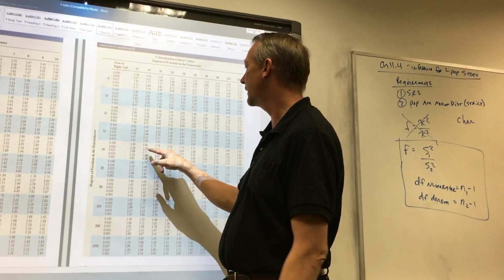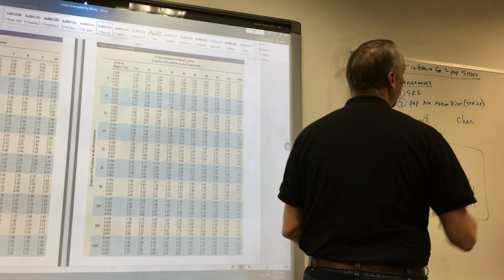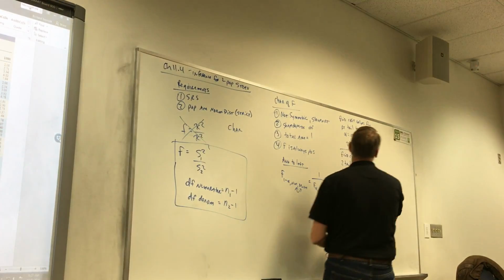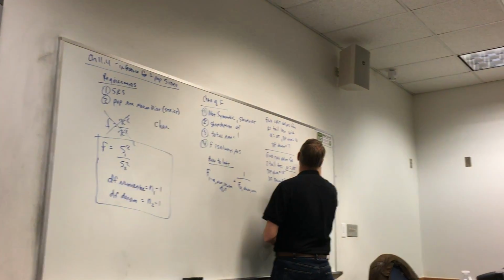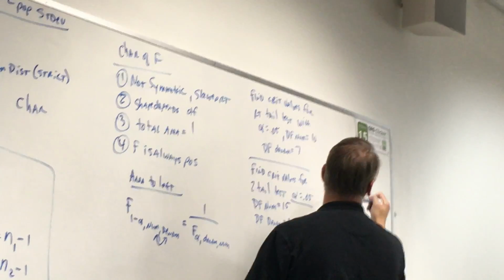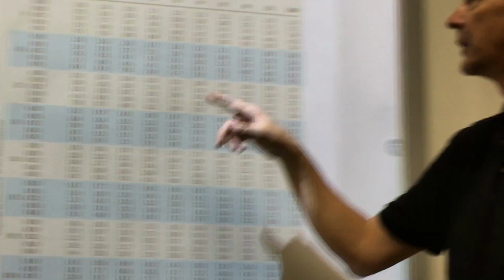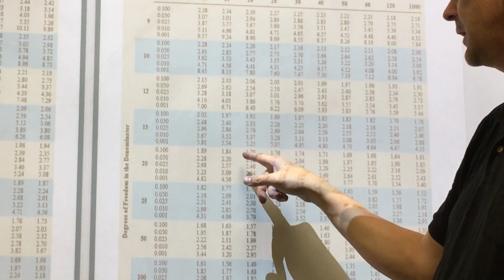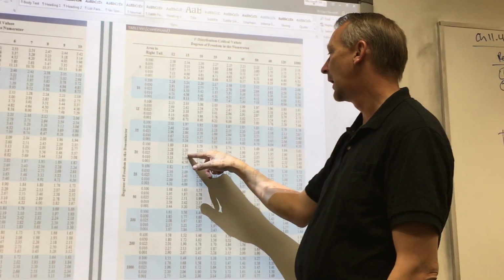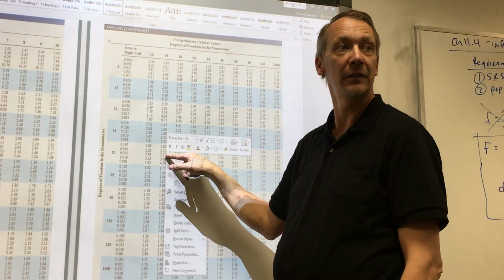So I'm in this section here. If it's a two-tailed test with alpha of 0.05, what's my alpha over 2? 0.025. Okay, so I'm going to be looking at the 0.025. 15, 20, 0.025. I get a value of 2.57.